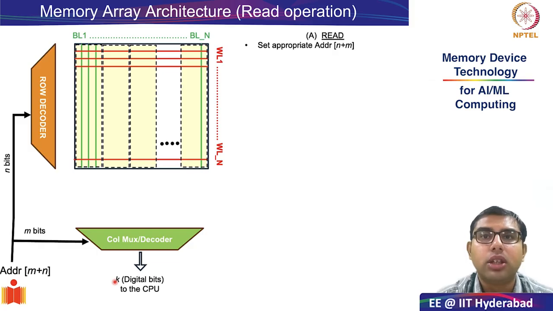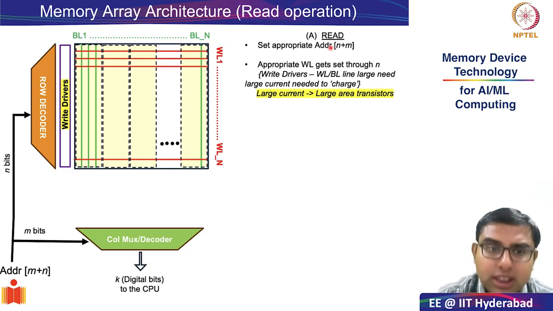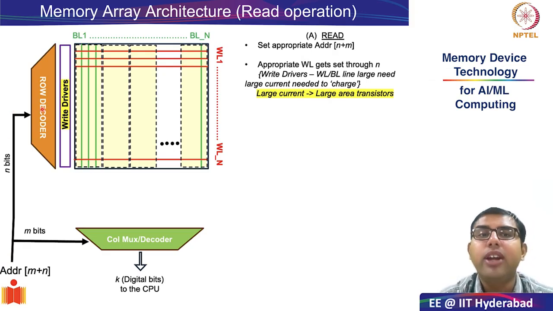How is this done? As we discussed, the first thing to do is set an appropriate address consisting of n plus m bits. So what happens when you set n plus m bits? First thing that happens is the n bits are fed into the row decoder. As n bits are fed into the row decoder, one of the 2 to the power of n word lines is selected through the row decoder.